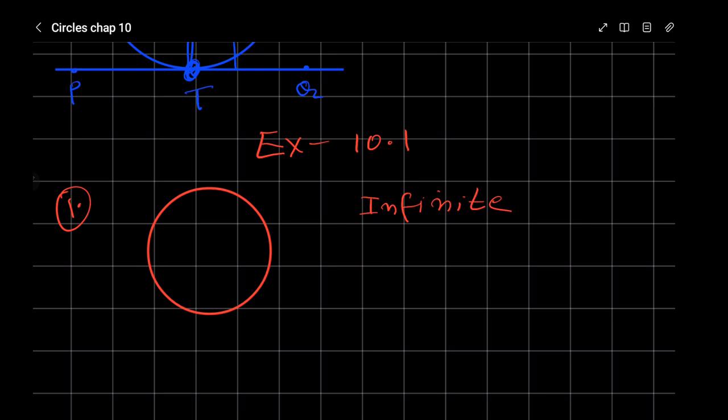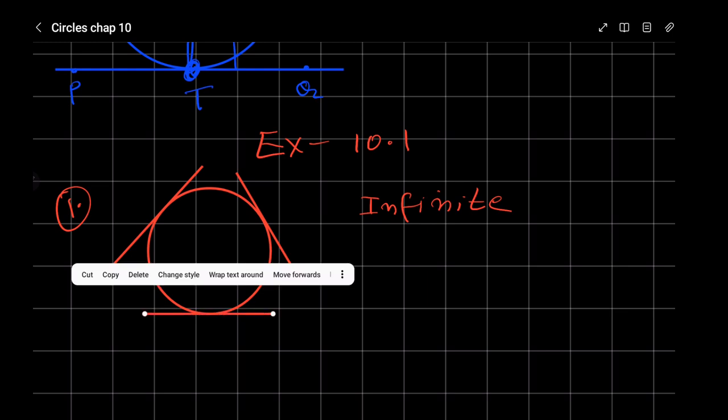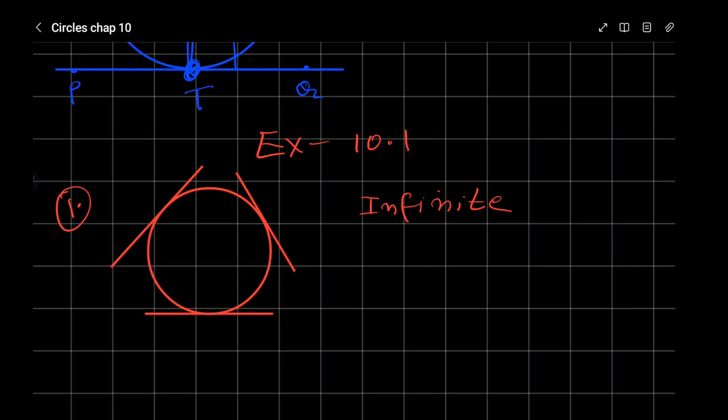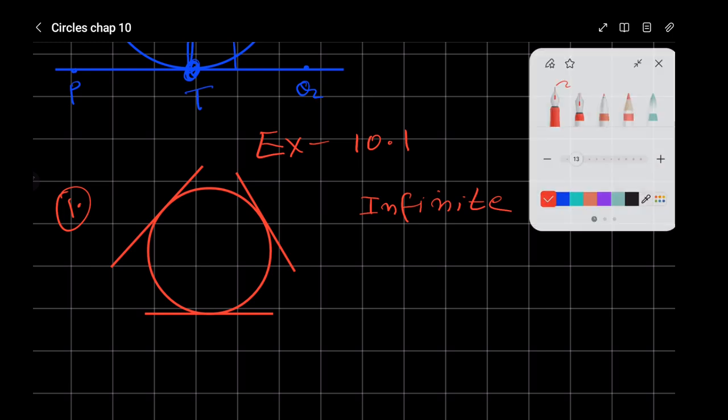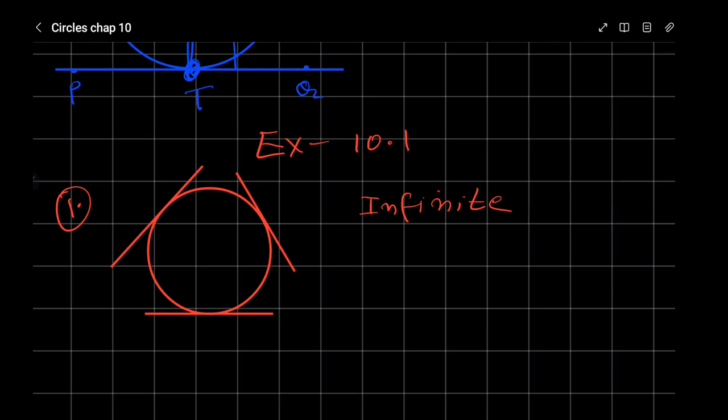How? We can very well see from here, because any circle has infinite number of points. So when a circle has infinite number of points, then it can have infinite number of tangents also. For example, here on the circle there could be infinite number of points.